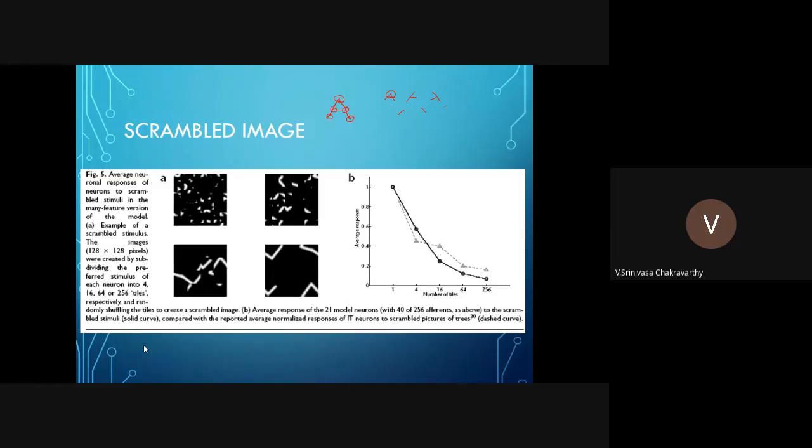When they made it into 4 pieces, the response already fell to 0.6. With 16 pieces, the response is 0.2. That means they have the same pieces in the image, but they're all jumbled, and the response is not the same. It's really falling exponentially with the number of pieces. Which means that it responds to the pattern of all those features, and not to individual features as if they were all independent.